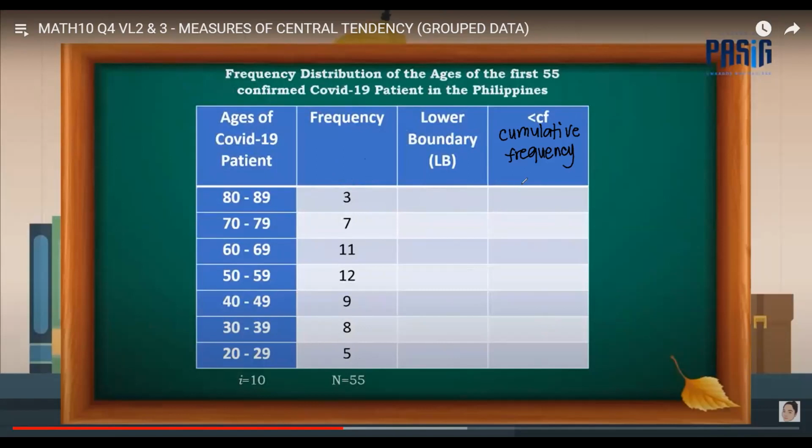Lower boundary is get by subtracting 0.5 from the lower class limit. Ano ba yung LCL natin? Ito yung LCL natin. Mag-minus lang tayo dyan ng 0.5. So ano yung magiging lower boundary natin dito for this class? This is 79.5. Ito naman 69.5. Then tuloy-tuloy lang.